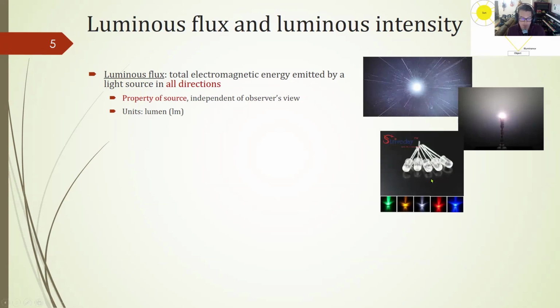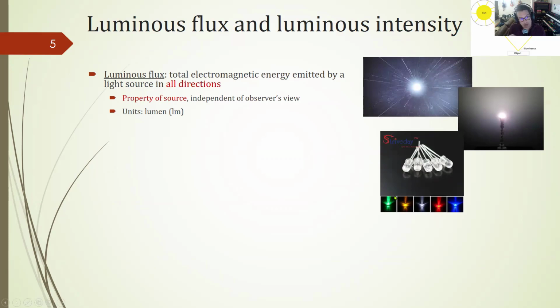LEDs are a good example. A lot of LEDs, based on the color of the hue and the physical properties of the bulb around it, tend to have characteristic beam angles. So we have to think about that too, because with electrical energy going in and light emitted going out, it's not always considered perfectly spherical.